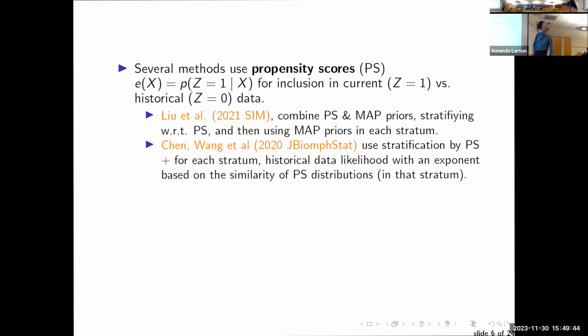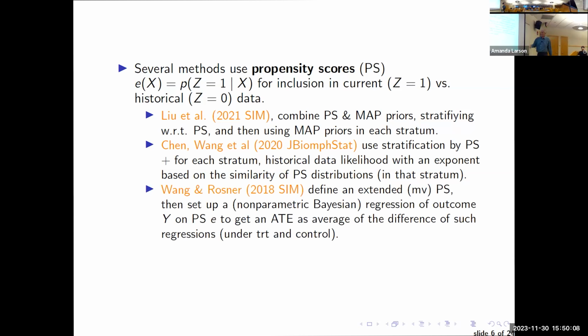In the 2019 paper, they do essentially the same thing, just instead of calling it historical data likelihood, they call it power prior, but it's essentially the same thing. One reason I'm listing that here, it's going to be one of our comparisons. It's beautifully implemented in an R package that's available and seems to work.